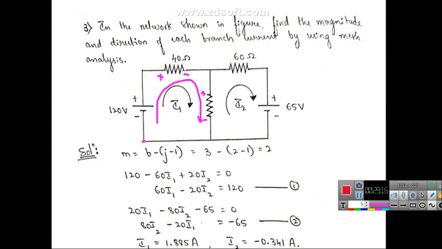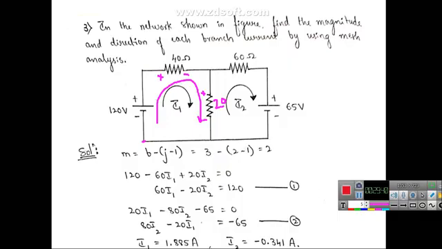Here 40 and 60, and this is your 20 ohm resistor. So 40 plus 20, that is 60, carries I1. Therefore minus 60 I1. And this 20 ohm resistor also carries the current I2 in the direction opposite to I1.